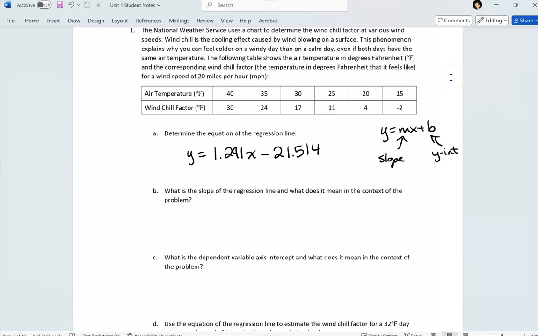So when it asks what is the slope of the regression line, the slope is going to be this number right here that's in front of x. So the slope is 1.291.